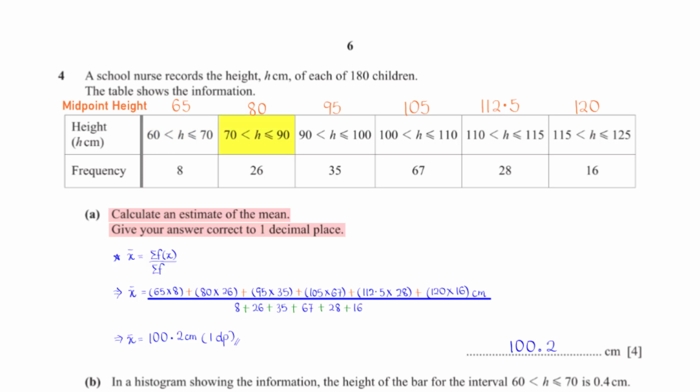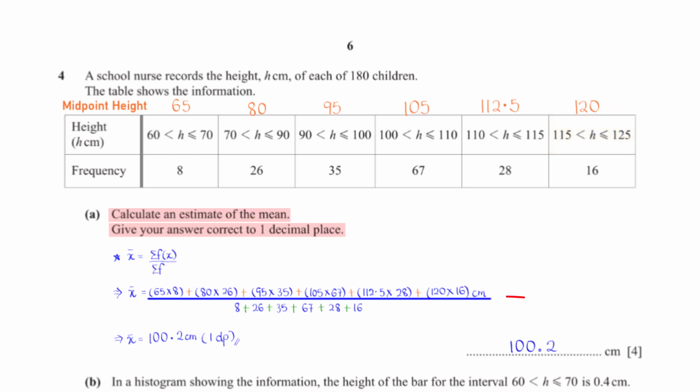Then we have 70 plus 90 divided by 2, which is 80. 90 plus 100 divided by 2, which is 95. 100 plus 110 divided by 2, which is 105. 110 plus 115 divided by 2, which is 112.5. 115 plus 125 divided by 2, which is 120.